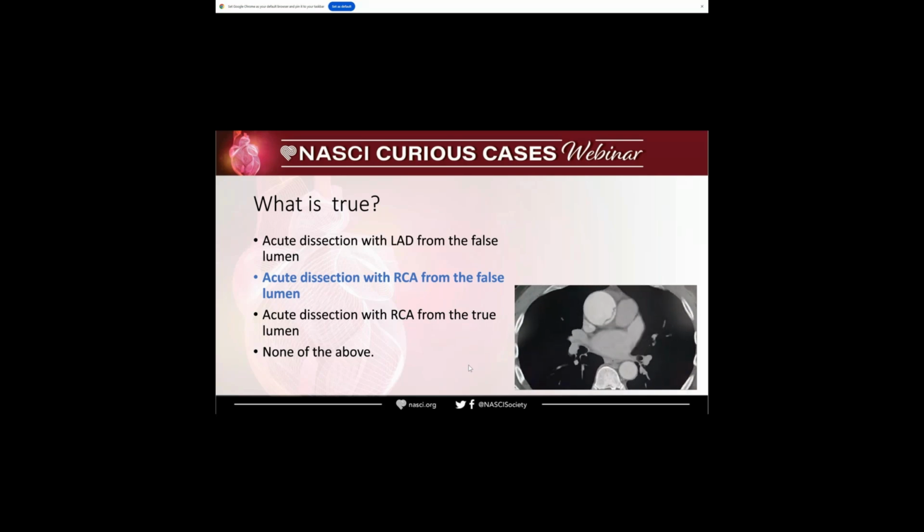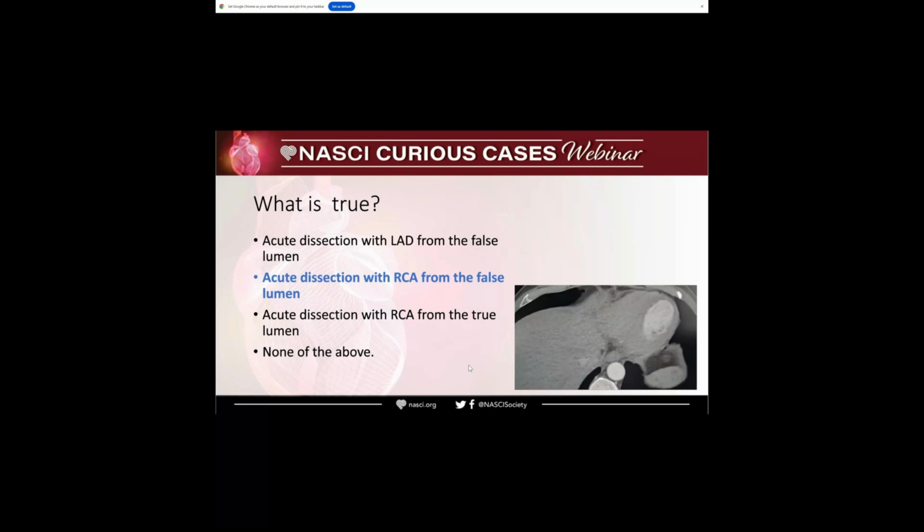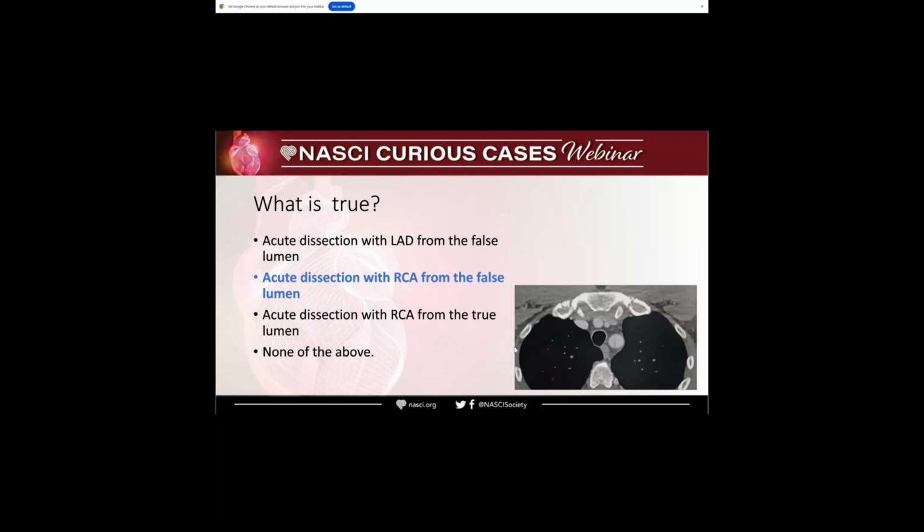Any explanation? Because the false lumen is the large one, and true lumen is in direct continuity with the. No, that's not the explanation.